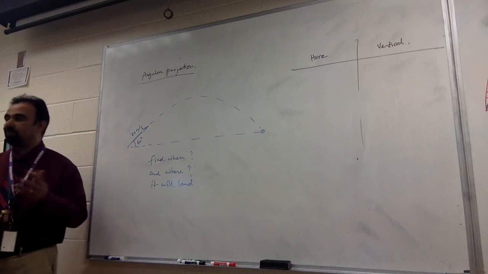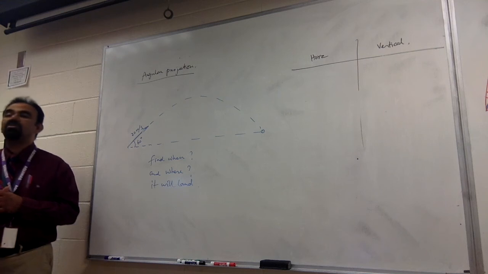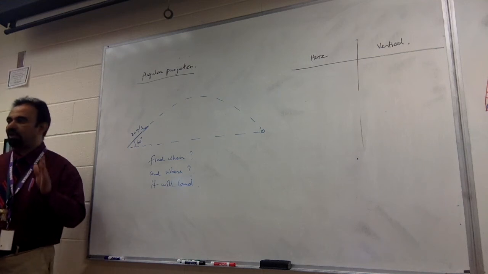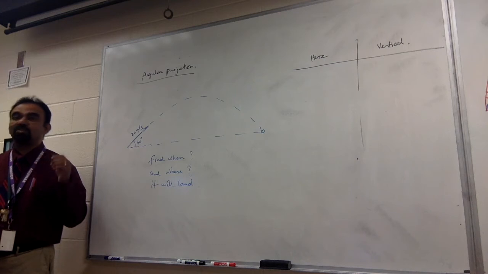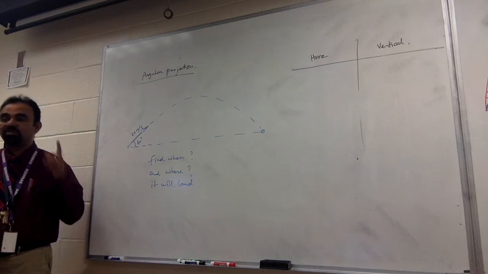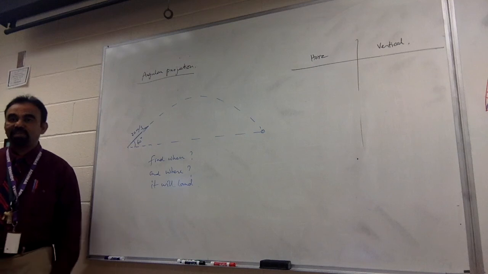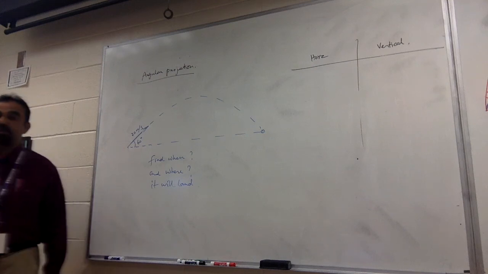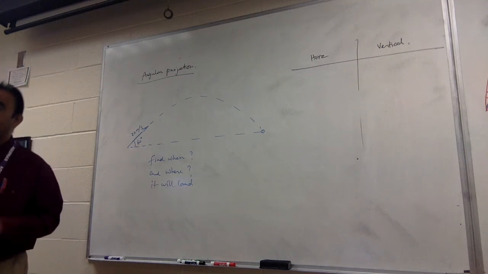Set up table, but resolve. So all angular projections start off with resolving. The first thing you do is resolve it. This 20 meters per second is not the number that you're looking at. We are wanting to resolve it.